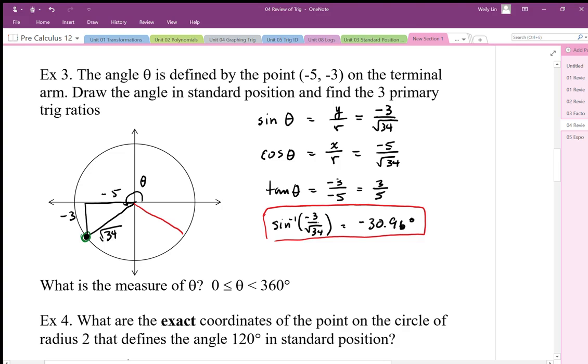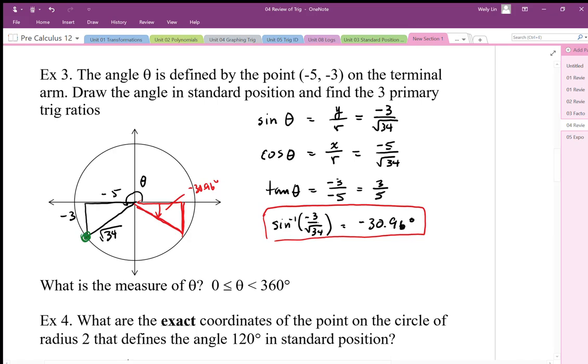It looks more like here. And there's my -30.96 degrees. Now, it's actually in similar shape. In fact, it is the same shape as the triangle that I've drawn in quadrant 3.